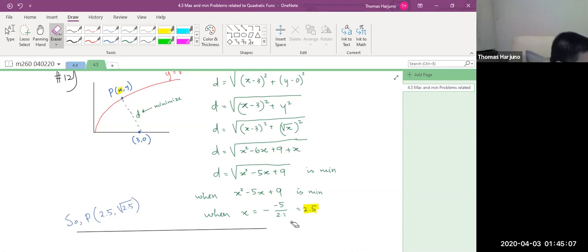But this time you can use this method. You set up the distance function and then minimize the radicand. Okay, go on further.